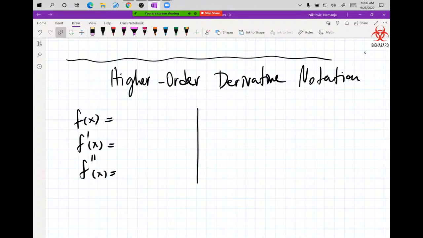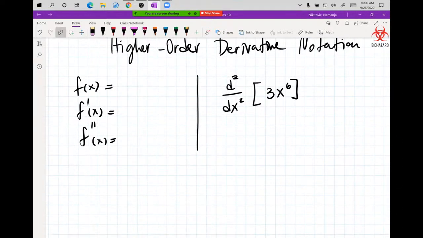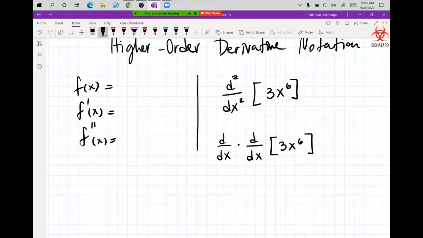To write the second derivative, you would have to go d squared over dx squared of, let's say, 3x to the 6th, right? Now, if you pay attention to the notation and you know basic algebra, you would immediately say, oh, this is d over dx times d over dx of 3x to the 6th.